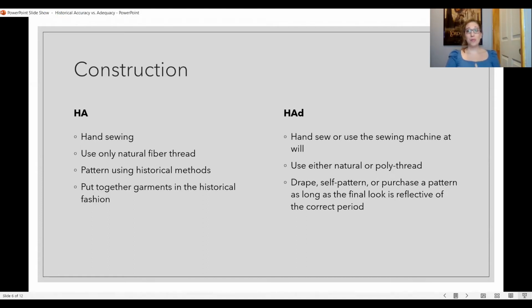Patterning using historical methods. Historically accurate patterning wasn't really a thing like we think about it today. Patterns came about and started becoming produced and available in the mid 1800s. Mid 1800s was a big time for home sewing. But prior to that, you'd probably either change or repair what you already had or try to drape something simple on yourself.